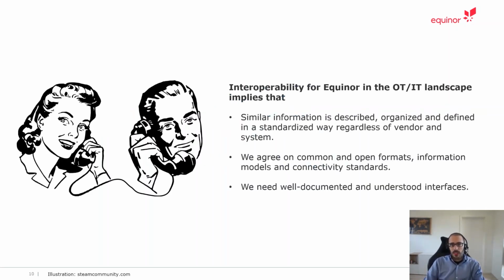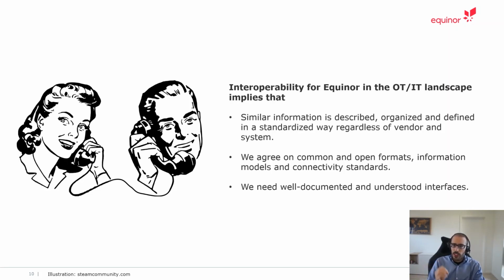Our plants are heterogeneous, meaning that we have many different vendors delivering software and hardware on the same plant and across plants. If each vendor is delivering the same type of data in different vendor and system-specific interfaces with vendor and system-specific information models and semantics, then humans or our engineers need to spend a lot of time interpreting this and mapping and transforming this.